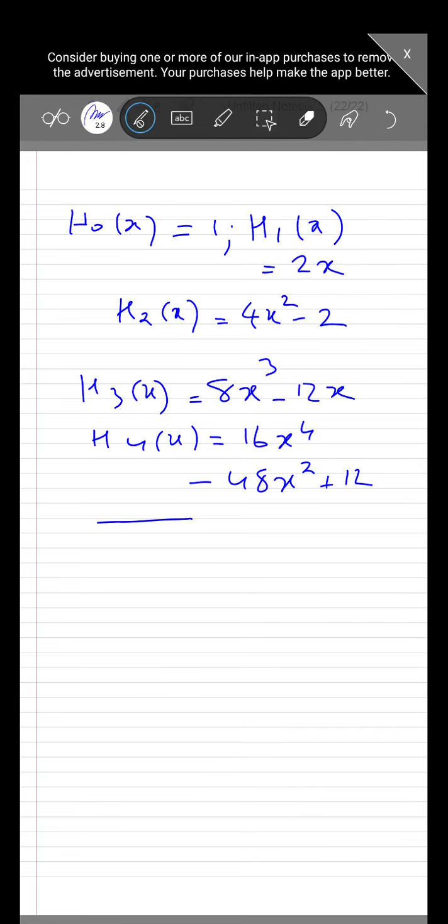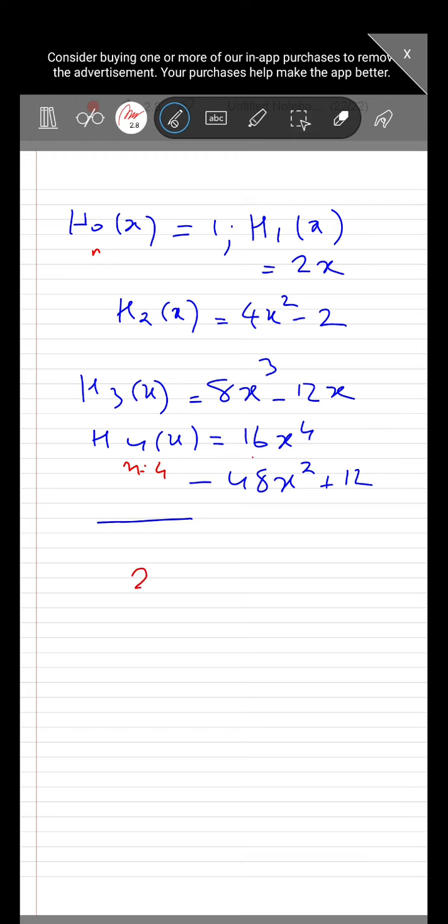You can see that if this is n, suppose we take the last case, H4(x), so n is equal to 4 here, so we have 16, that is 2 to the power 4, into x to the power 4, minus 48 x square, means we have x to the power 4 minus 2, into 48, that is 4 into 12, plus 12, that is 4 into 3.